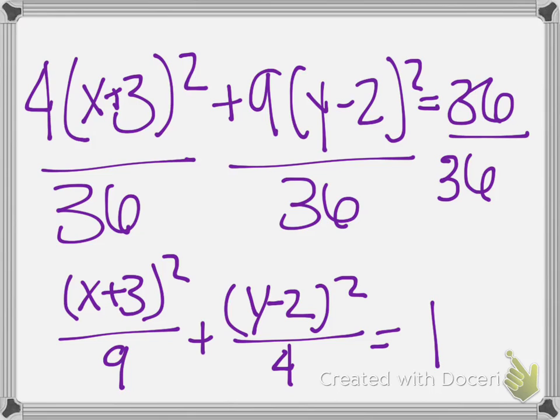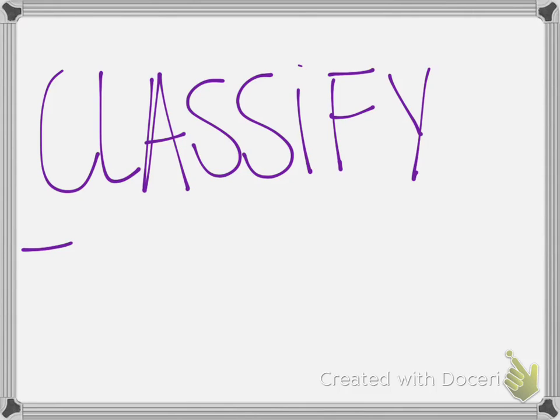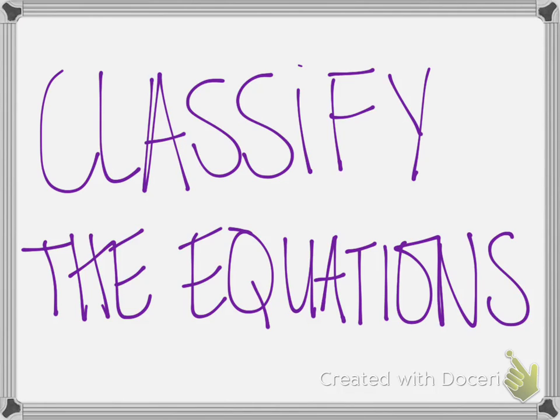And so then the next part of this lesson is learning how to classify the equations. So there is this kind of flow chart you can use to classify the equation.